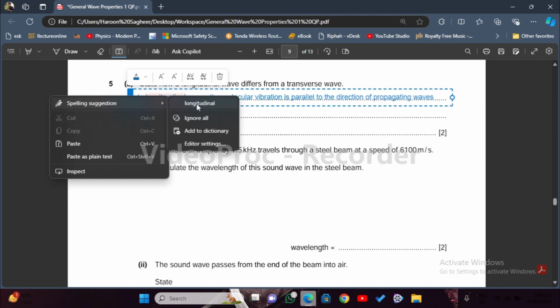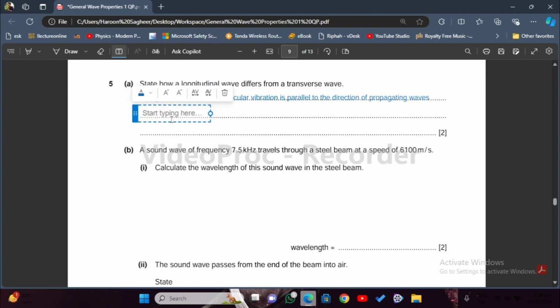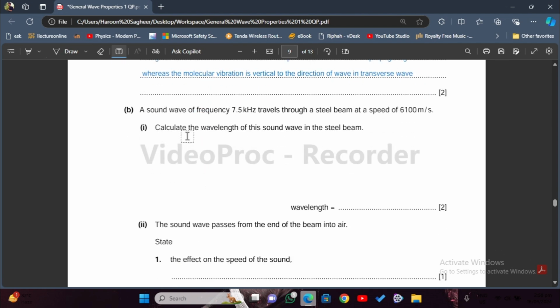Let me just correct this. Whereas the molecular vibration is vertical to the direction of wave in transverse wave. There we go. Now the option is completed. Let's go for part B.